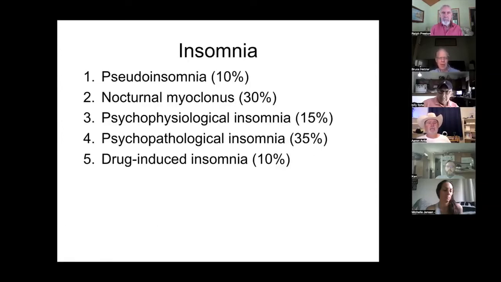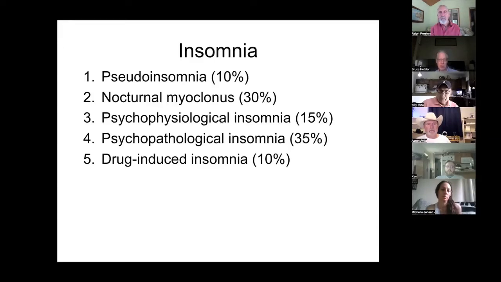Now, talk about insomnia. There are a number of different types of insomnia. And this shows the percentage of people who are insomniacs that have these different types. So 10% of people have what's called pseudo-insomnia. They think they're not sleeping. But it turns out, if they spend a night in the sleep laboratory, they do sleep.